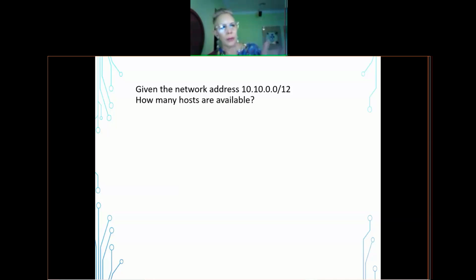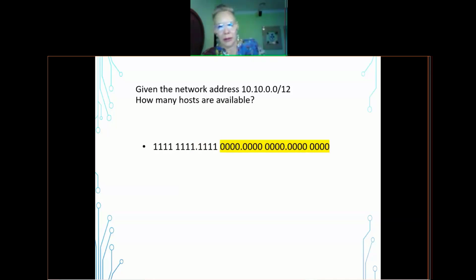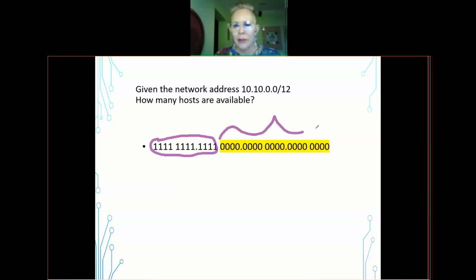I have 12 network bits. So 32 minus 12 is 20. So we have 20 host bits. So here's my 12 network bits. Now all of these are host bits, right?